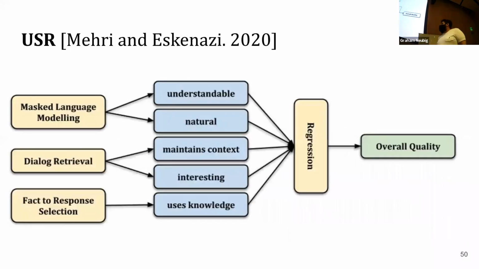So one of the earliest, or not necessarily the earliest, because people had been doing dialogue evaluation in 2017, but I guess this is the earliest of the new wave of dialogue evaluation metrics.